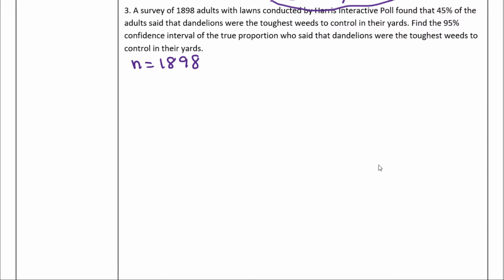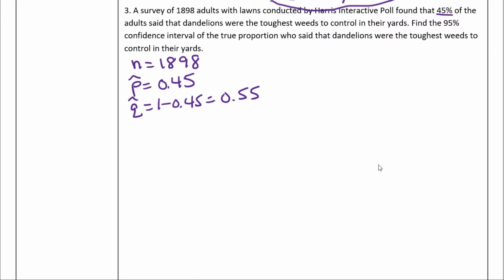And it said that 45% of them made that claim, so we're going to call that p hat. So of that sample, we have 0.45 made that claim, which means that q hat, which is 1 minus that, is 0.55.